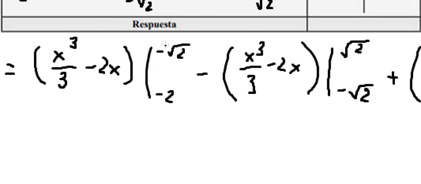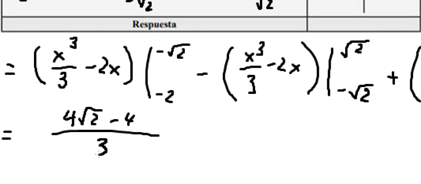So we put the negative of the square root of 2 going here and here. You will get 4 multiplied with the square root of 2 minus 4 over 3. This one we get positive 4 multiplied with the square root of 2 over 3.